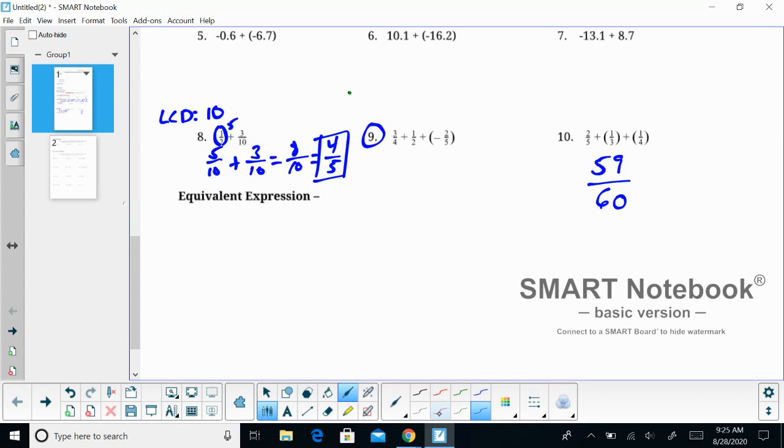Okay, one more definition here. We have equivalent expressions. Equivalent expressions are just two collections of terms that have the same value.